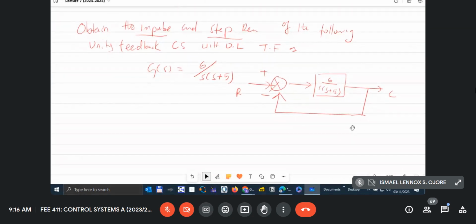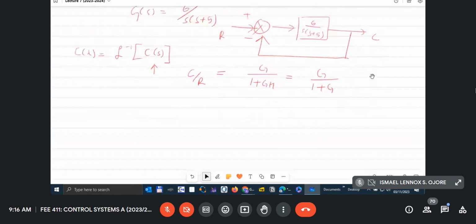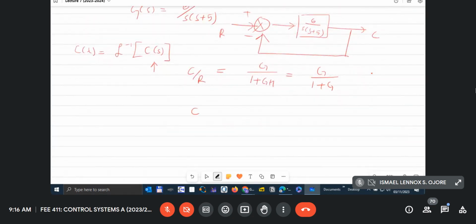So that is our model. We need to get the step response, therefore we need to get C(t). So C over R is equal to G over 1 plus GH, but we know our H is 1. So C(s) is R(s) multiplied by G over 1 plus G. For a unit step, we have 1 over s, and here we can have 6.